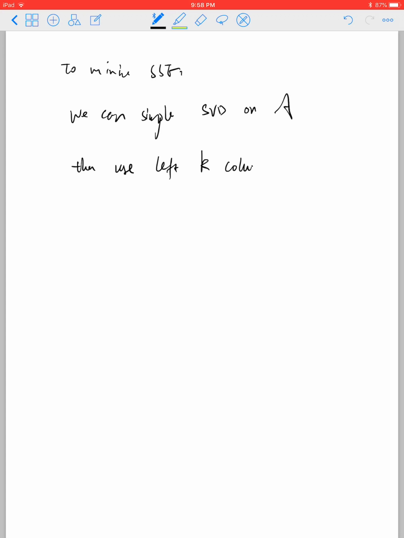And then we pick up the left K right singular vectors in V as the left K columns of the right singular matrix V, right? So left K columns in V. Then we obtain the basis. And then we can obtain a low-dimensional approximation matrix B. Right? So this is the result.